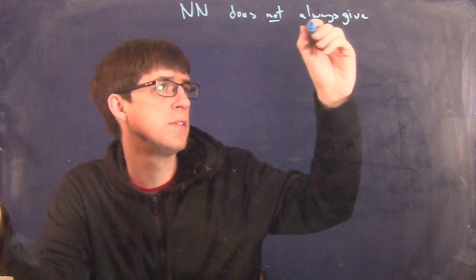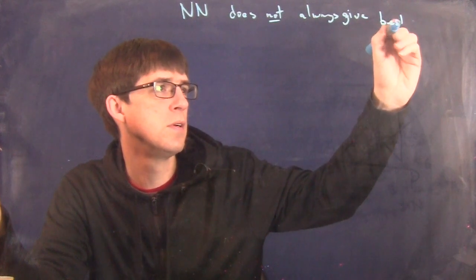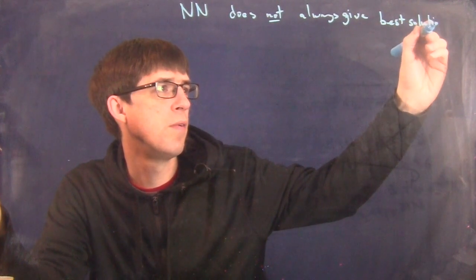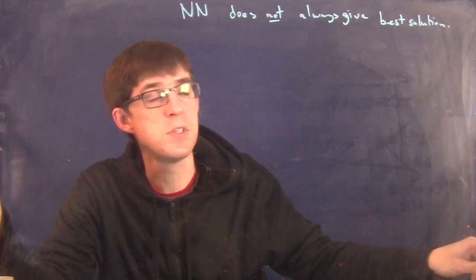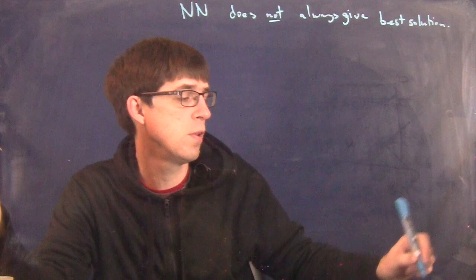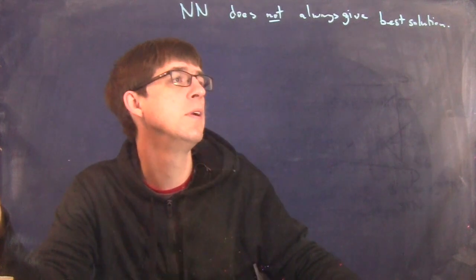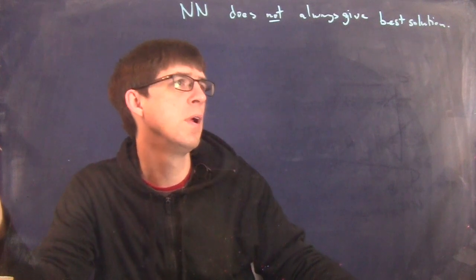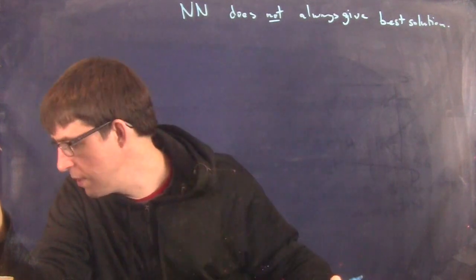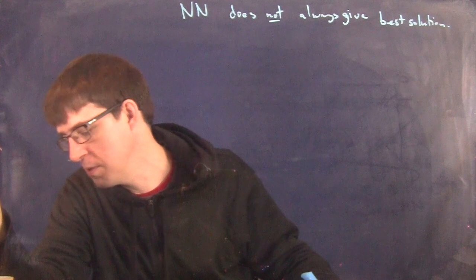The only way to guarantee the best possible solution is to do the brute force, which in the real world for a large graph is prohibitively complicated to do, even if you're using a computer. The nearest neighbor does not always give the best possible solution.